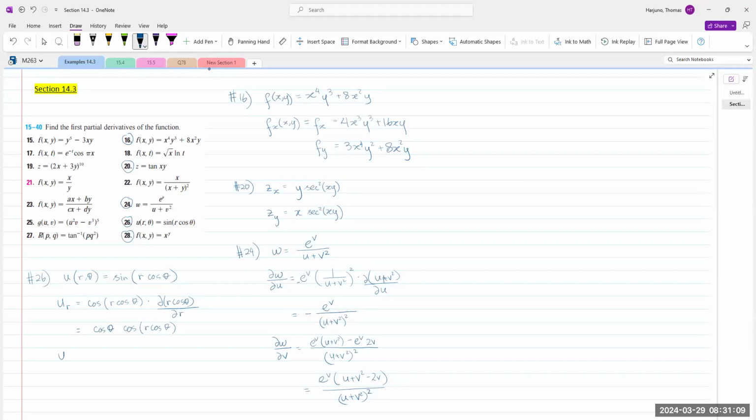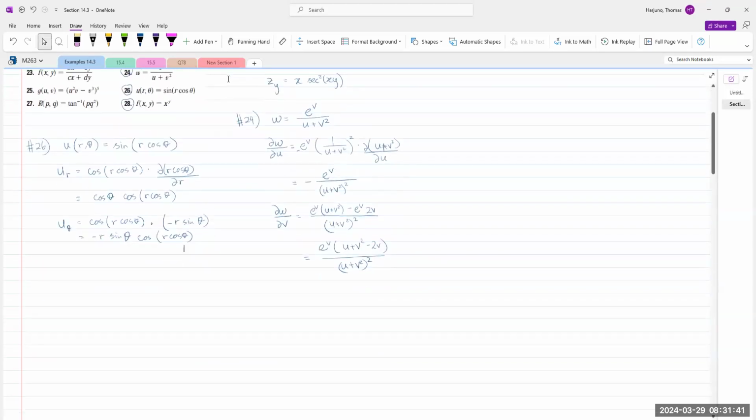And partial with respect to theta will be cosine of r cosine theta times the partial derivative of r cosine theta with respect to theta. That will be negative r sine theta. Let me rewrite it. So this is negative r sine theta times cosine of r cosine theta.